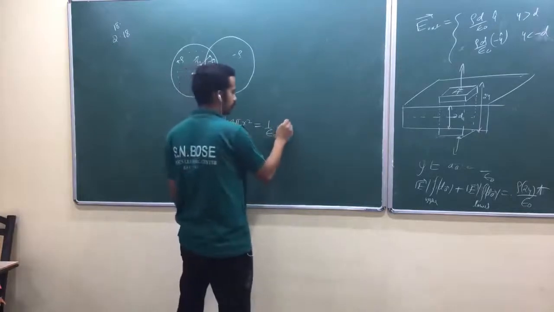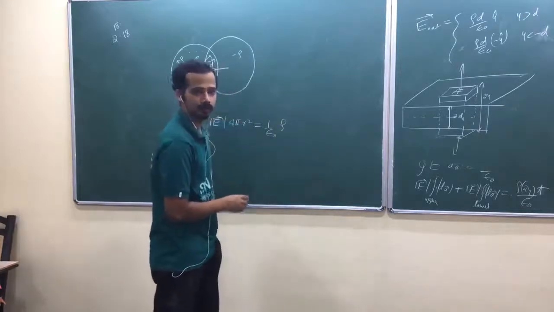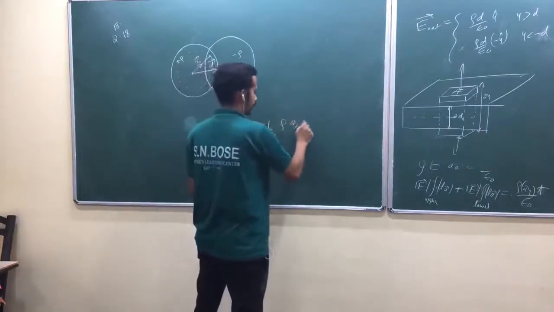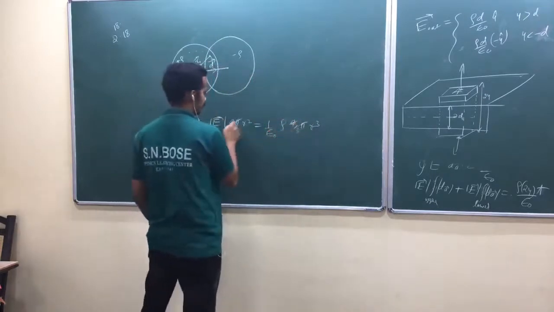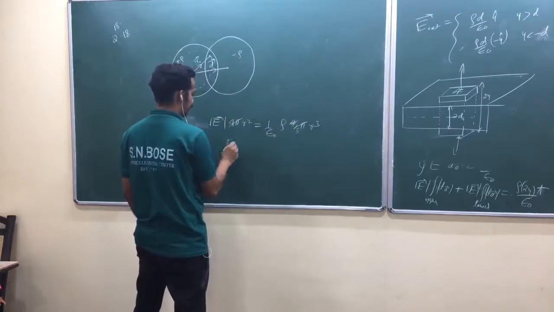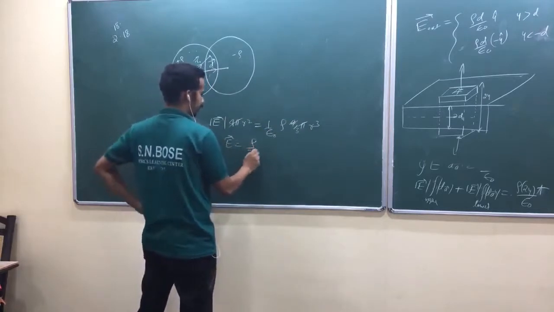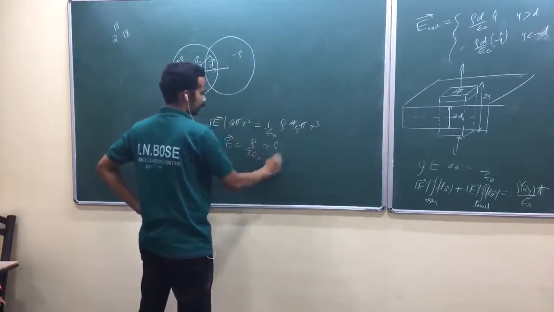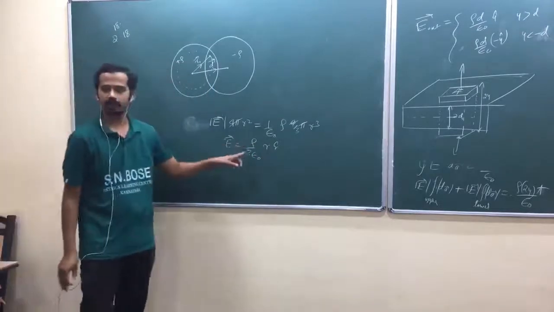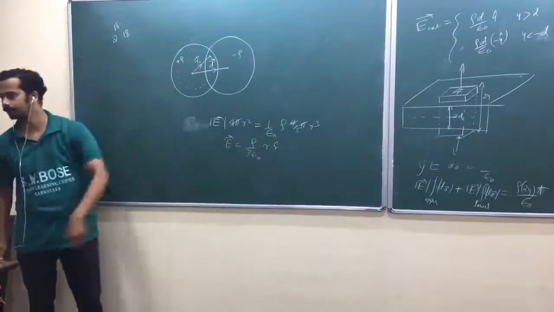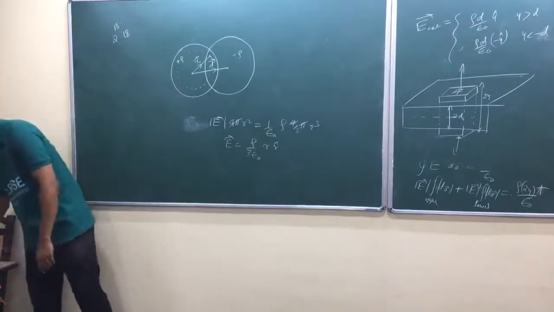Q enclosed means rho charge density into volume 4 by 3 pi r cubed, isn't it? So the electric field will be rho by 3 epsilon naught r into r cap. If rho is negative, one more negative sign will be there. That's it. For the other sphere, you can just quickly write that.